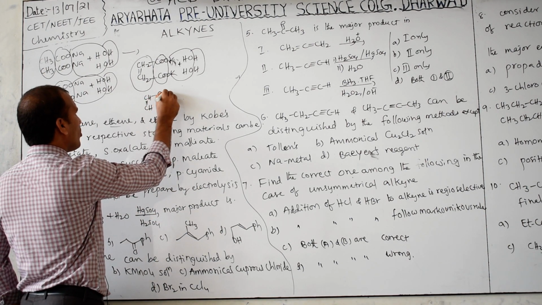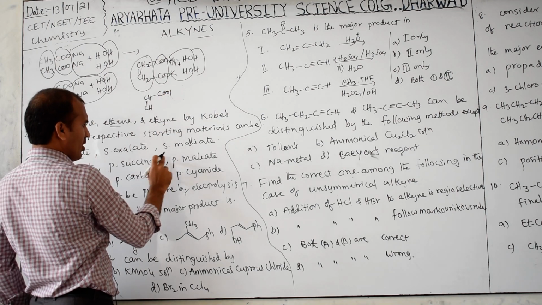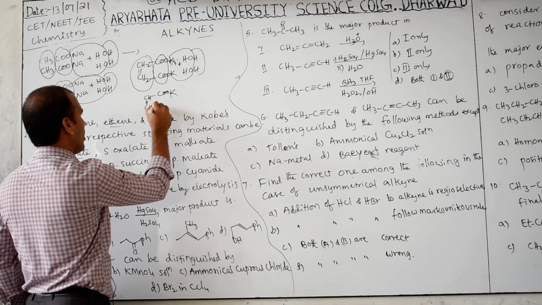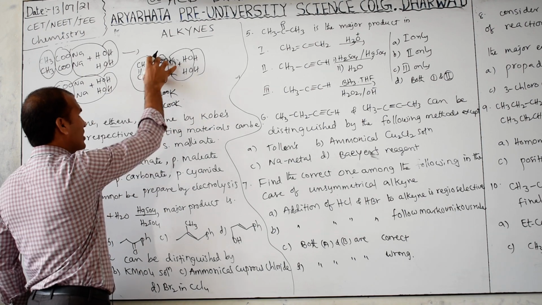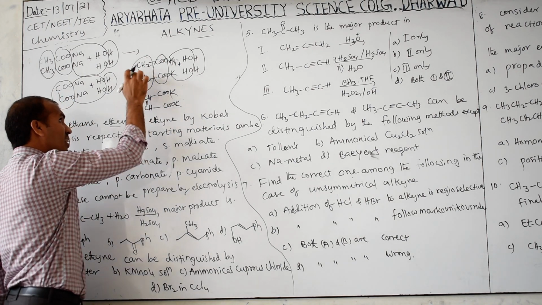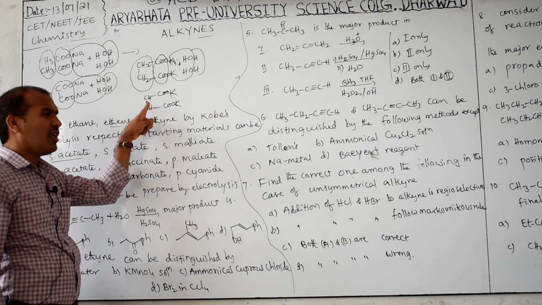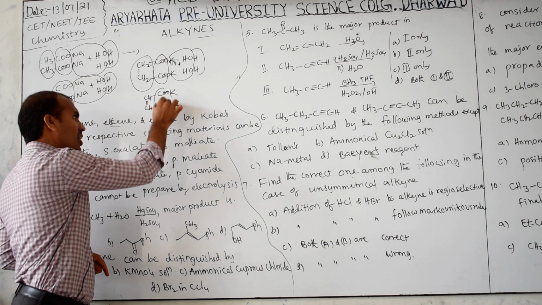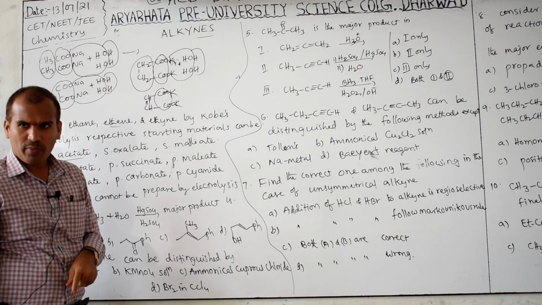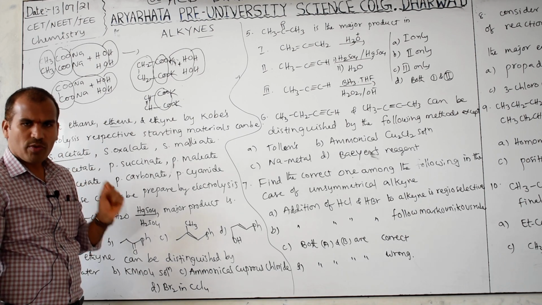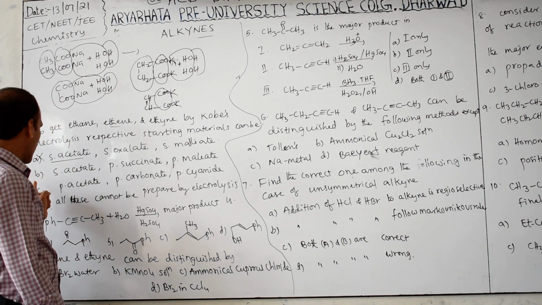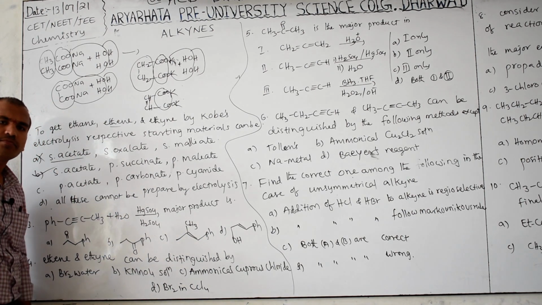Therefore COOK, potassium is given, K, COOK. This and this are the same. But what is there here? CH. When it is eliminated like this, which bond forms here? Another pi bond forms. Then ethyne possible or not? Possible. So the second option is correct.